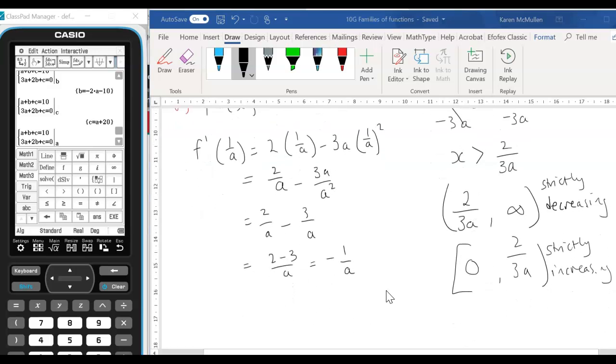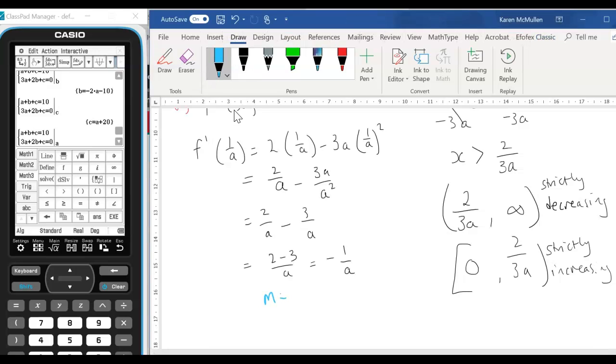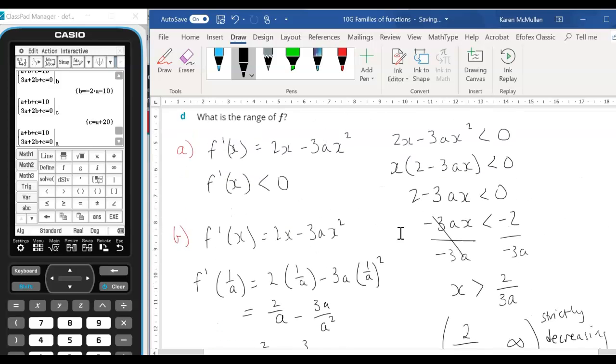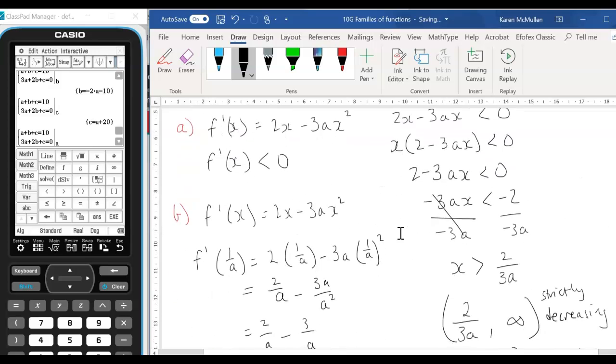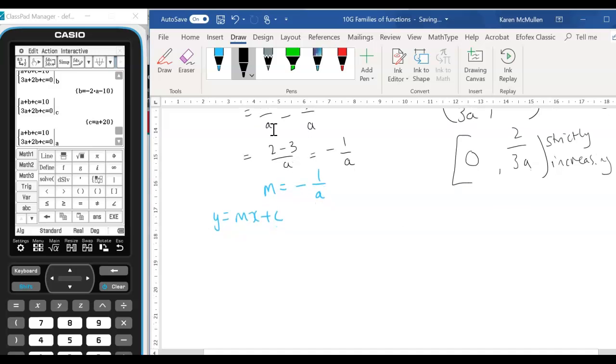So remember what we've just done there is found the gradient, because the tangent line is a straight line, obviously. So we want to get it in the form y equals mx plus c. All right, so we've just found the gradient. We've got the point. It gave us in the question the point was 1 over a, 0. So m equals negative 1 on a, and your point xy, so x is 1 on a and y equals 0.